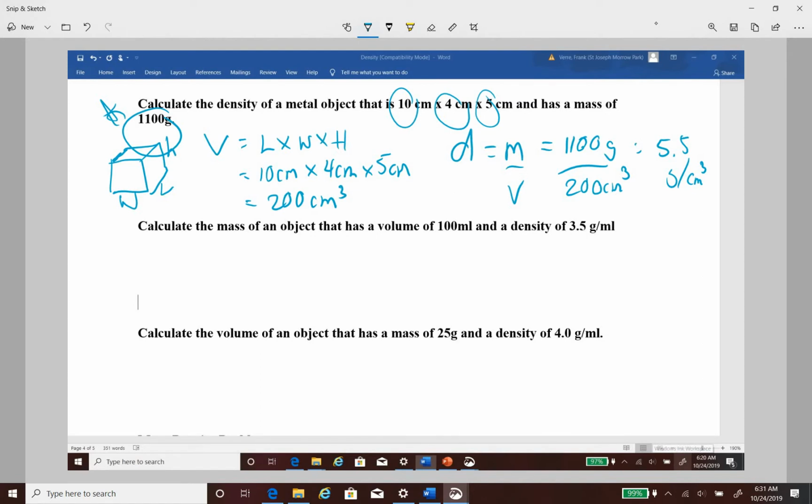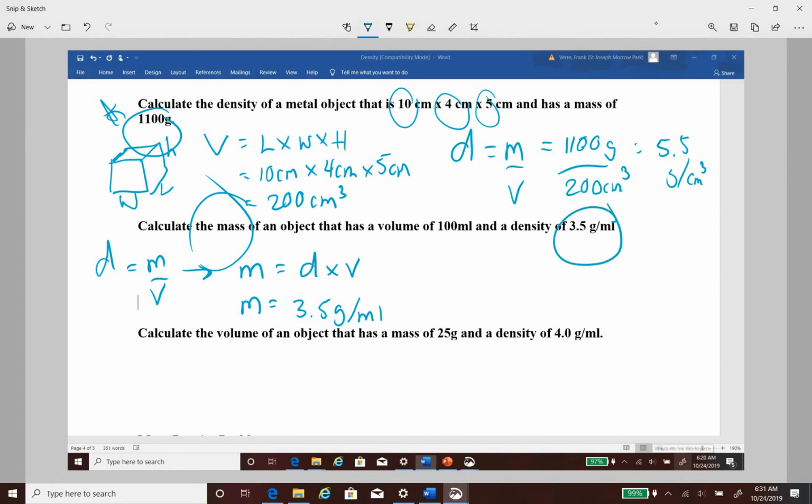Okay, let's look at two other examples where you're looking for something else. We're not looking for the density, we're looking for maybe the mass or the volume. In this case, we're looking for the mass. If D equals M over V, then we can rearrange and say M equals D times V. So the mass is a function of the density, which in this case is 3.5 grams per milliliter, times the volume, which is 100 milliliters.